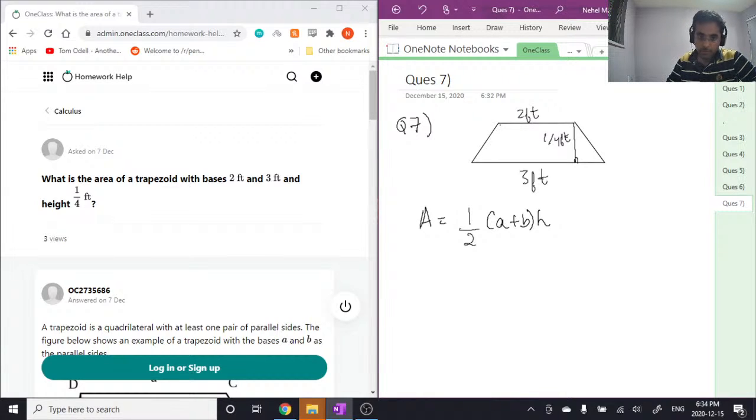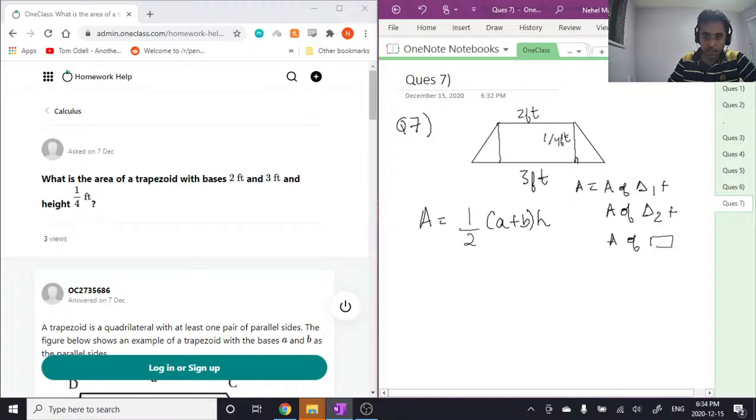So let's say you forgot the formula and you want to come up with a different way of calculating it. What you can do is look at this shape as a rectangle with two triangles on either side. The area would be the sum of the areas of the two triangles plus the area of the rectangle.